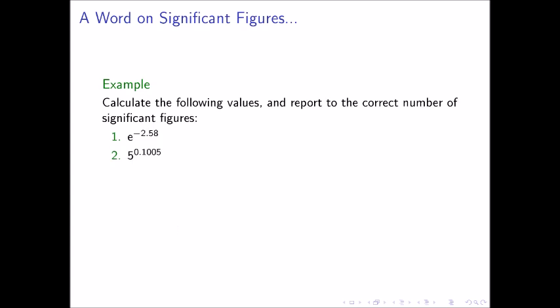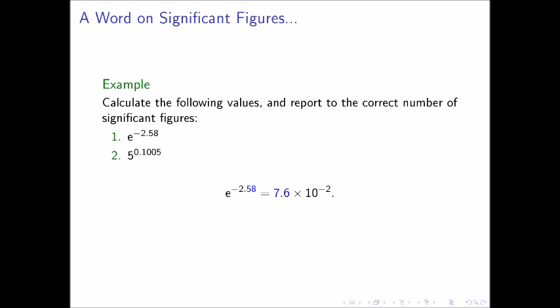Now let's look at an example involving exponentials. Please be aware that the base of the exponential is not important. The rules are the same regardless. In our first case, we will take the base e and raise it to the negative 2.58 power. In the second case, we will take the base 5 and raise it to the 0.1005 power.